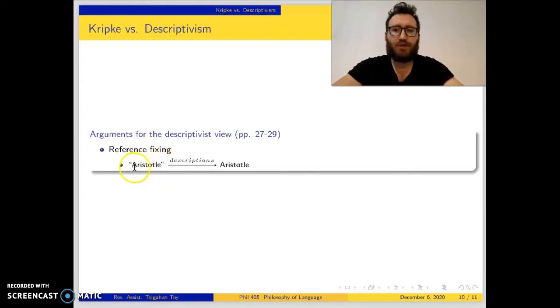As you remember from Frege's work, in the descriptivist theory of names, we know how to fix the reference of a proper name. Aristotle refers to Aristotle, but when you ask how it refers to Aristotle, the answer is that we have associated descriptions, senses, in between these two.